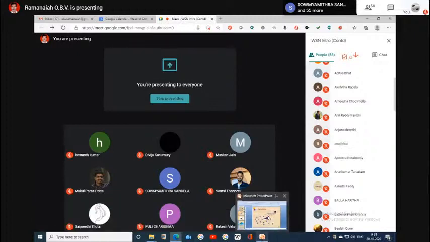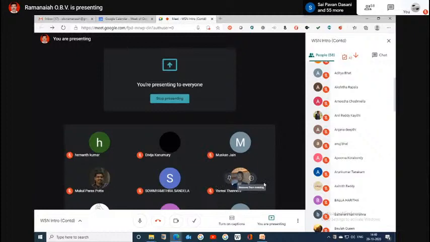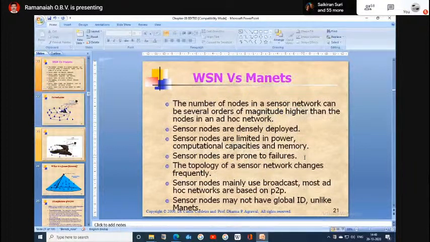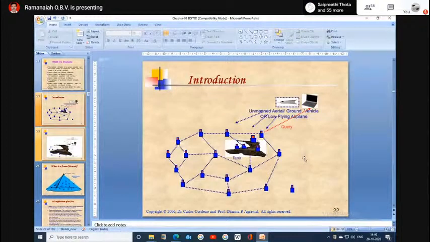Yes, we shall continue. Any other doubt, please? The point to be understood from this slide is that sensor nodes are usually stationary, but some sensor nodes may have mobility, though very little.